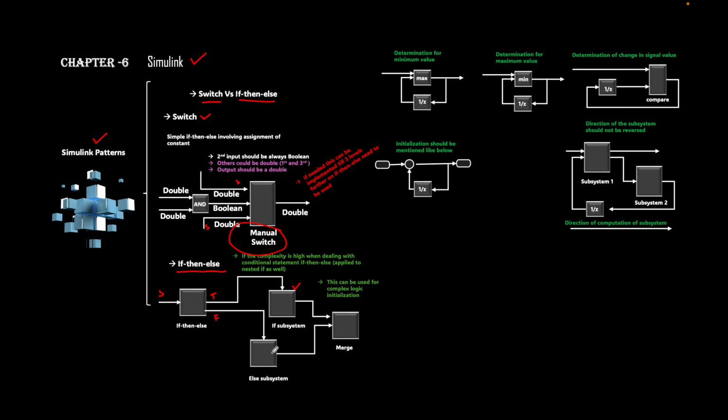If the false part is getting activated, then you will be doing some other calculation, and both of these will be merged together and you will get a final calculation based on the operation that you have. So in this case, the logical implementation is very complex. That is where you should use the if then else.